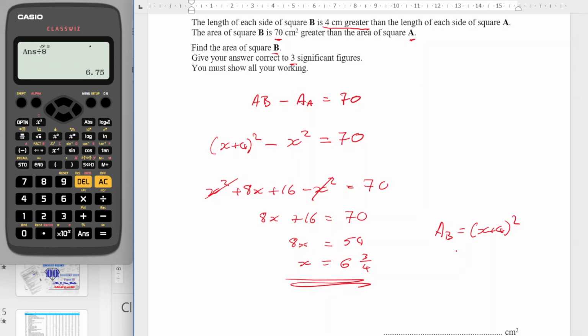Now I've got x, if I add 4 to that and then square my answer, that gives me 115.5625. So to 3 significant figures, that's going to be 116 centimeters squared. Apologies for that misreading of the question to start with.